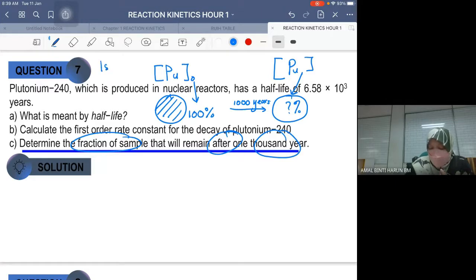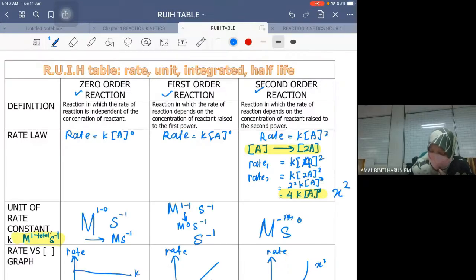Okay, and it is first order. Jadi nak pakai apa? Formula. Nak cari concentration yang akhir. So kita tulis formula, formula kita apa? First order integrated. Kenapa nak pakai integrated?